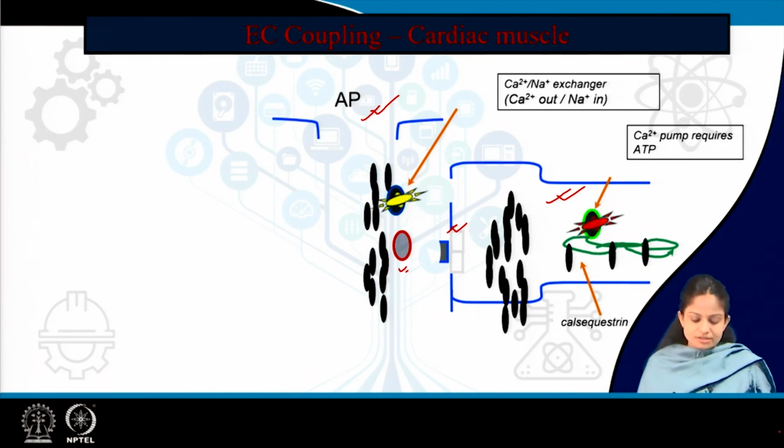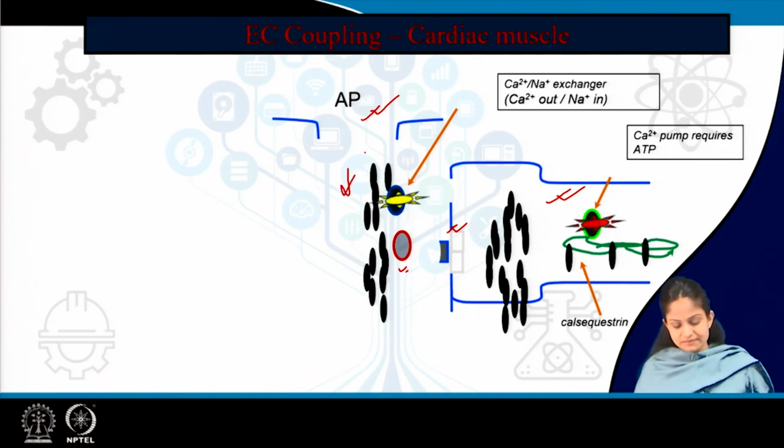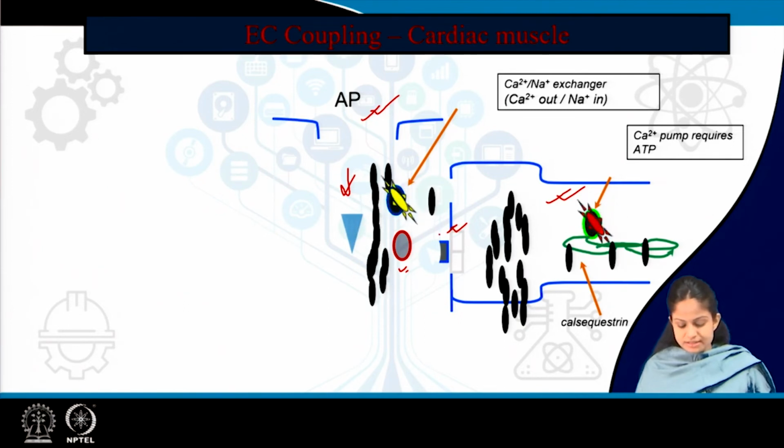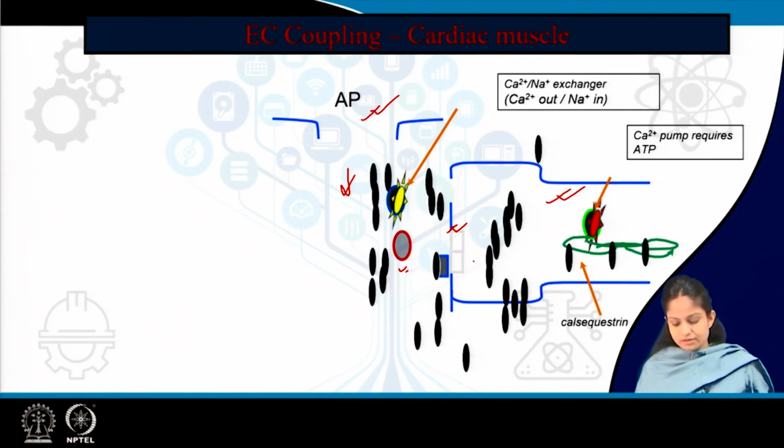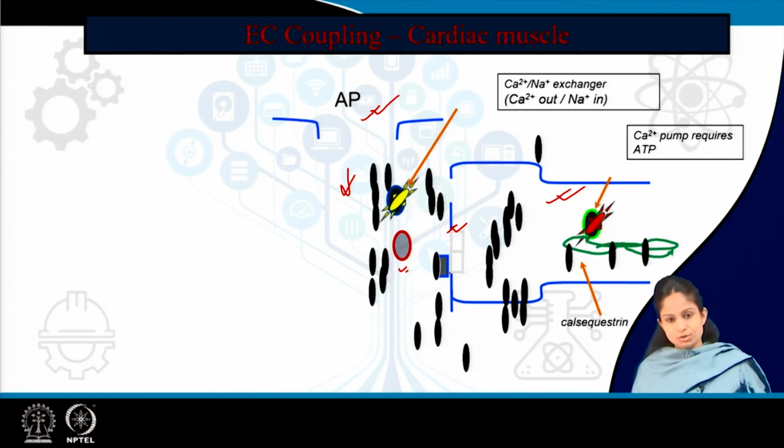Whenever an action potential comes, calcium ion enters through the L type of calcium channels, and that will trigger calcium release from the sarcoplasmic reticulum with the help of ryanodine receptors. So, a greater amount of calcium gets released from the sarcoplasmic reticulum.